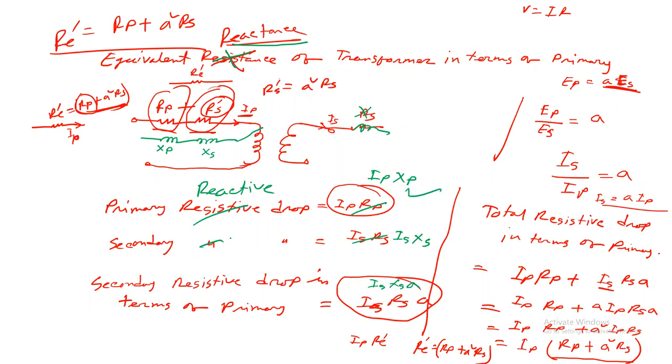This is the secondary reactive drop, IS XS, in terms of primary. All R is changed, all are X. We only change resistance to reactance.